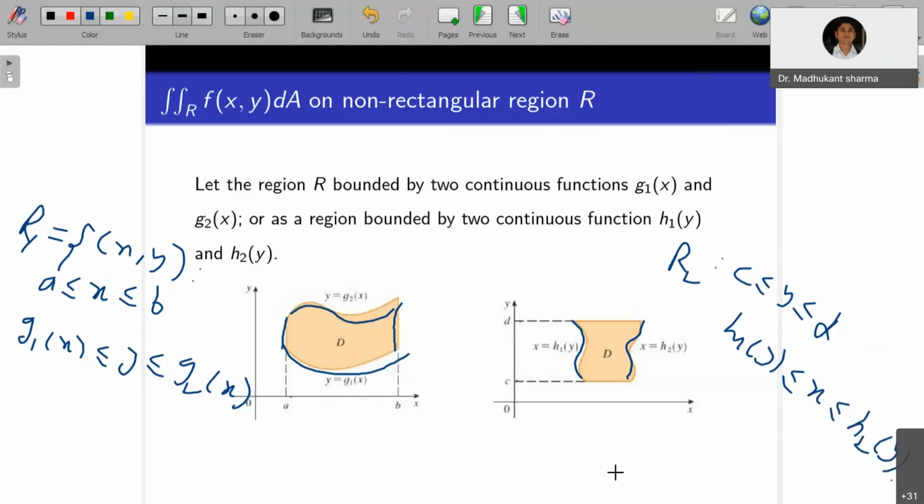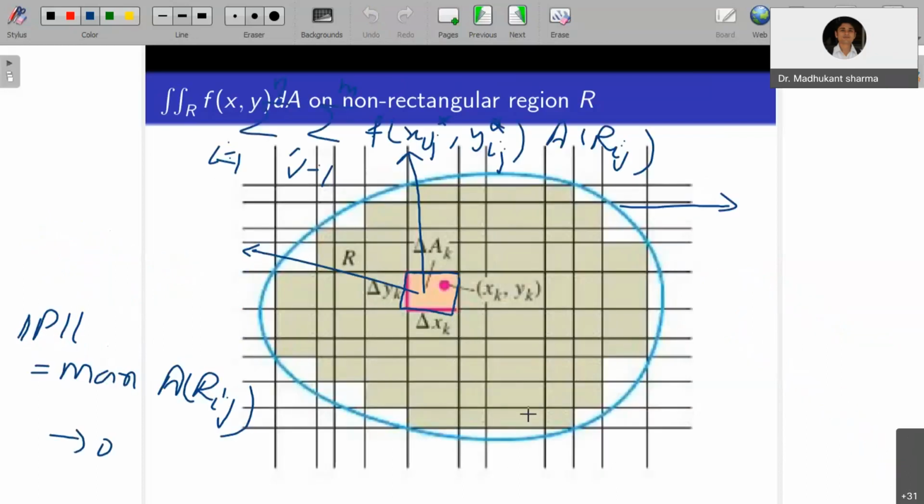Now we have just discussed partitioning into rectangular grids. In between everything is fine, but what about these corners and boundaries?